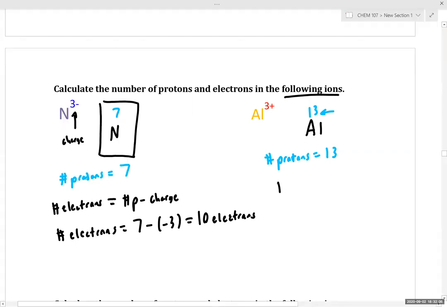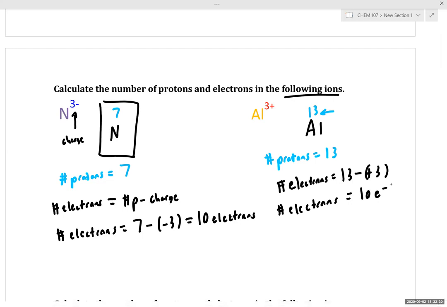In turn, we can calculate our number of electrons, which is equal to our number of protons, which is 13, minus the charge, which is +3. So aluminum 3+ has a total of 10 electrons. Do these examples make sense to everyone so far?